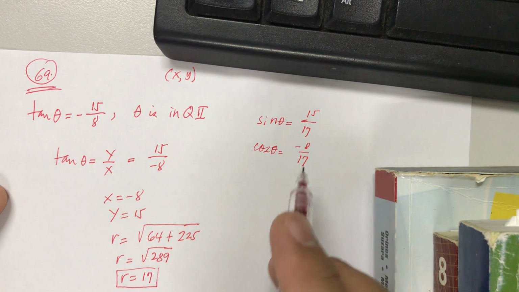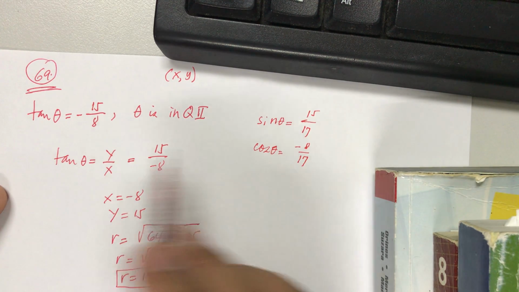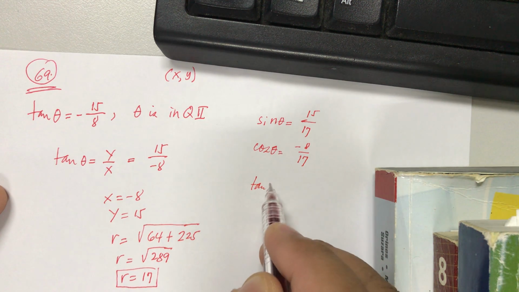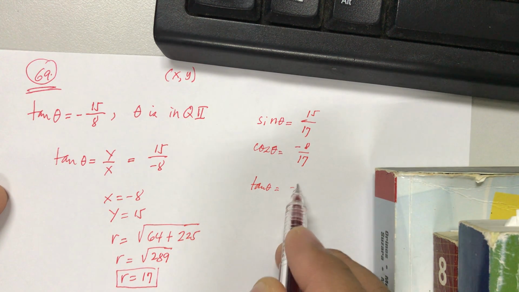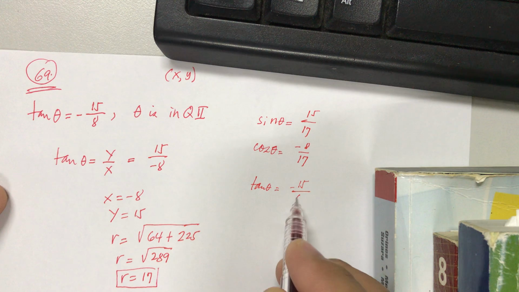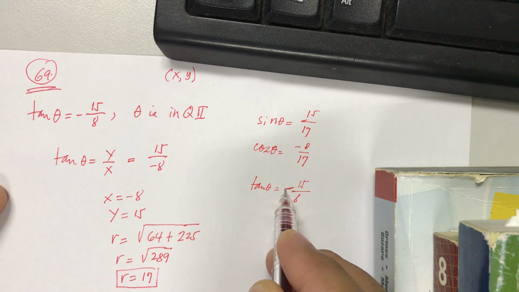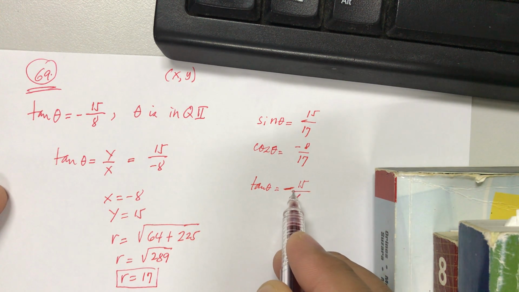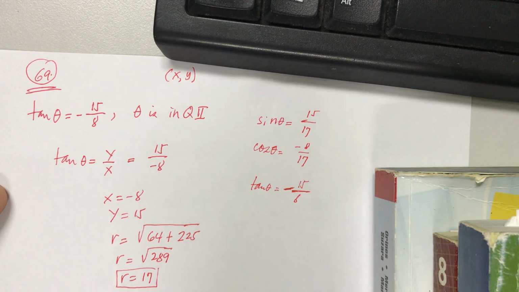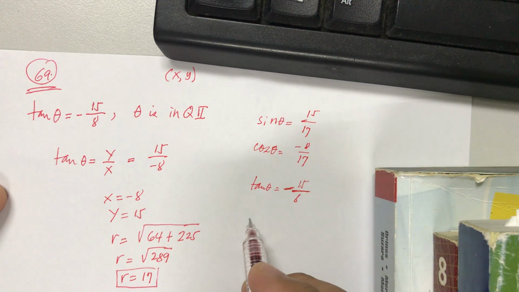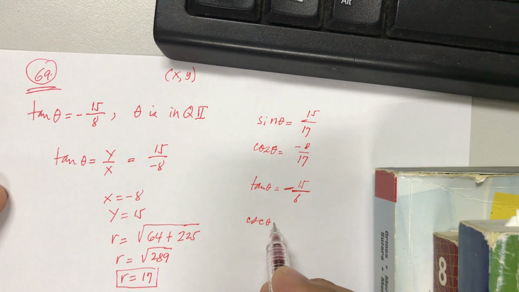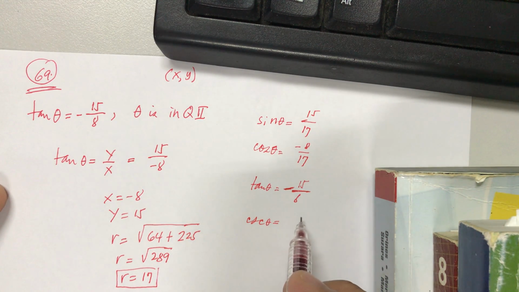Next, tangent theta. You may just rewrite it to complete the list. Again, the negative sign is neither placed in the numerator nor in the denominator. Cosecant theta, which is the reciprocal of sine theta, is 17 over 15.